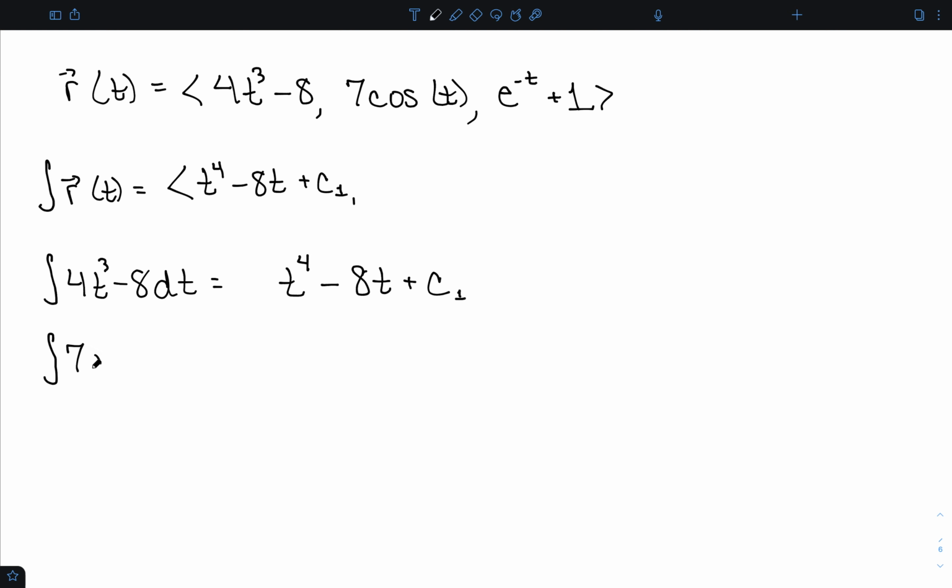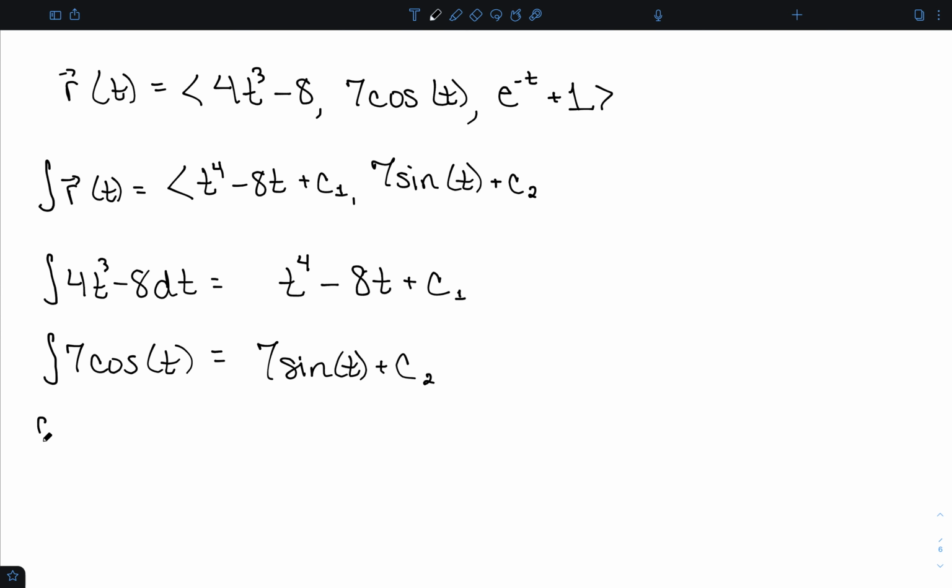Next, I need to take the integral of 7 cosine t. The integral of cosine is sine, so this is 7 sine of t plus a constant, which I'm going to denote by c2. So my second component is 7 sine t plus c2. My third component is e to the negative t plus 1.